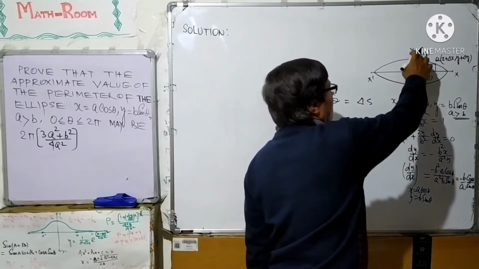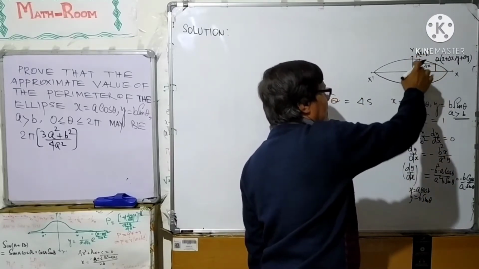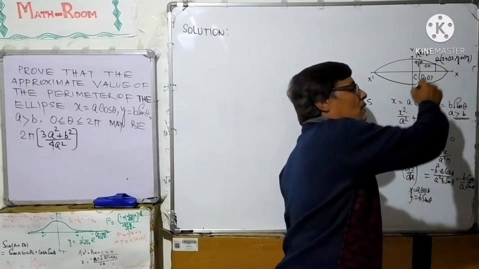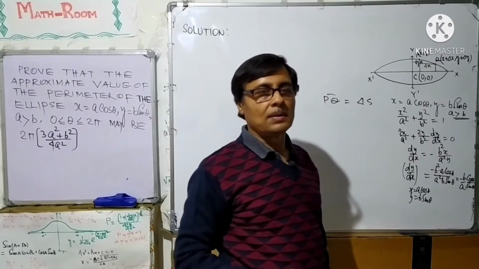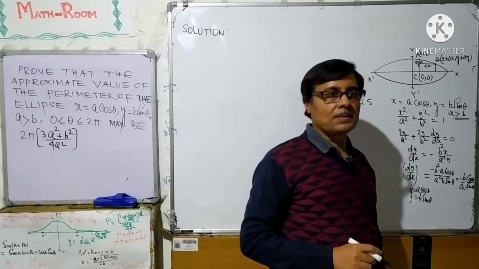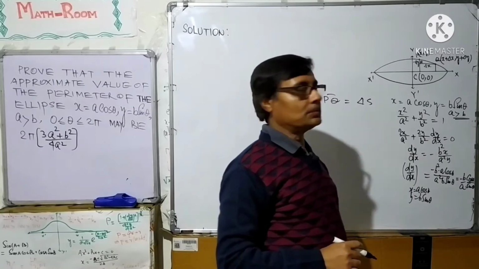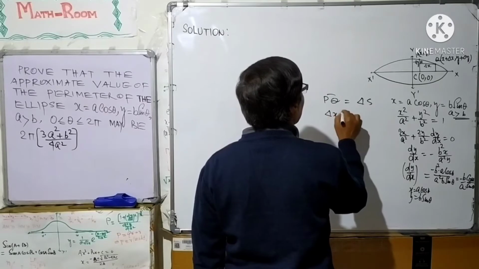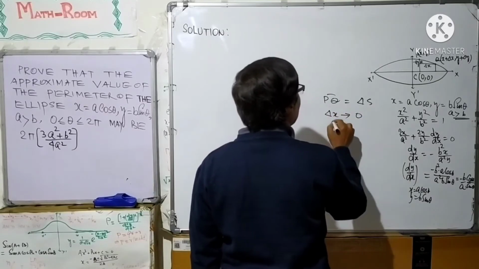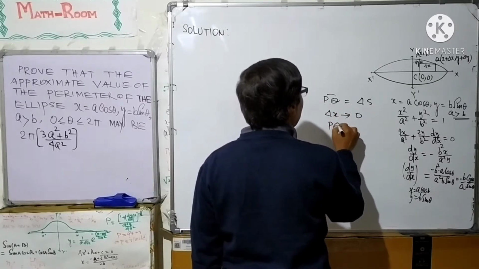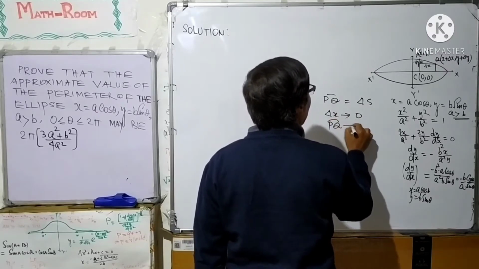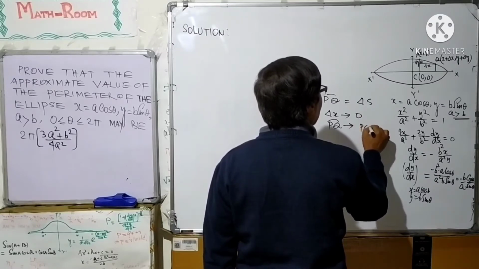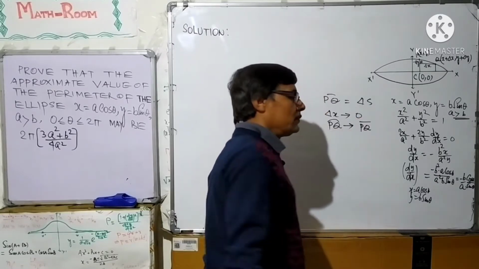Now, here del x and del y are infinitesimal, because P and Q are too close to each other. So del x and del y tend to 0. As del x tends to 0, arc PQ can be considered as the line segment PQ.